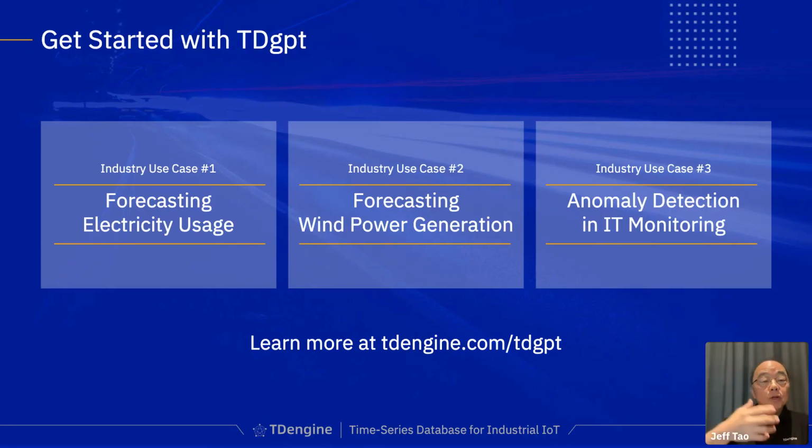You just need to follow the steps. Download a Docker image, then you can set up TDengine, TDgpt, and Grafana. You can visualize the forecast data on Grafana right away. You can change the script and the configuration in our Docker image, which is also available on GitHub.